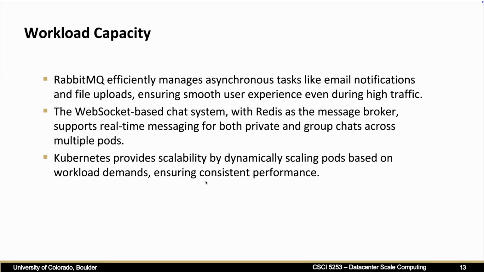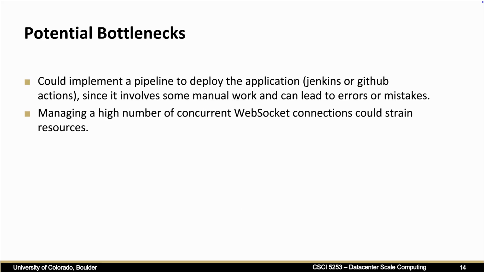So as far as the workload capacity, the entire system is highly scalable since it's all containers deployed on GKE. The WebSocket based chat system is also made scalable using Redis. And it has RabbitMQ, so asynchronous tasks will also not induce any slowness in the system.